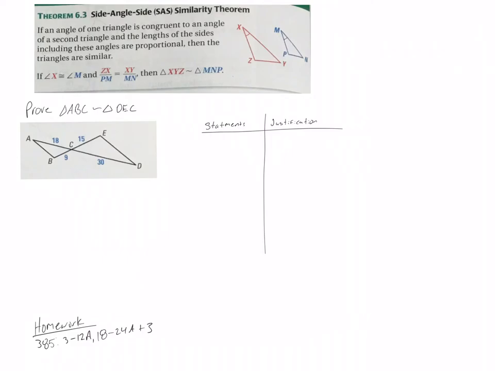So let's start off with our givens here. I'm going to say AC is equal to 18, CE is equal to 15, BC is equal to 9, and CD is equal to 30.